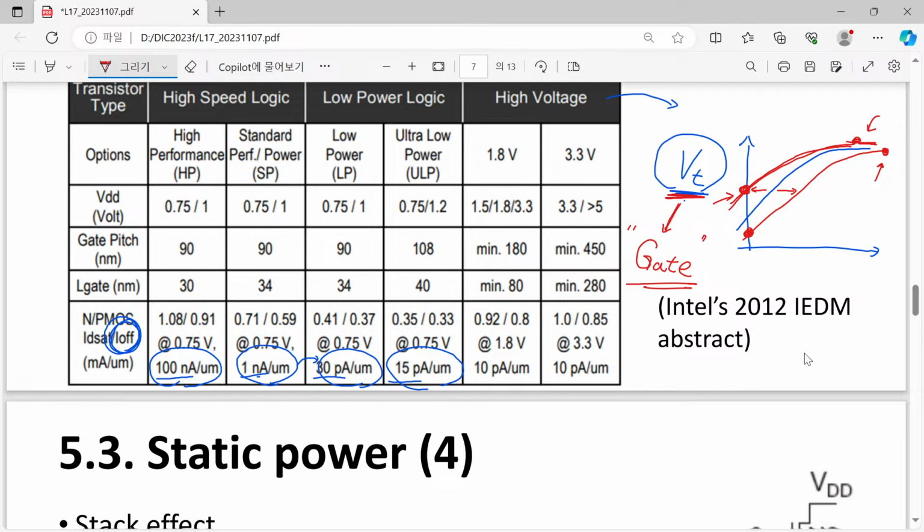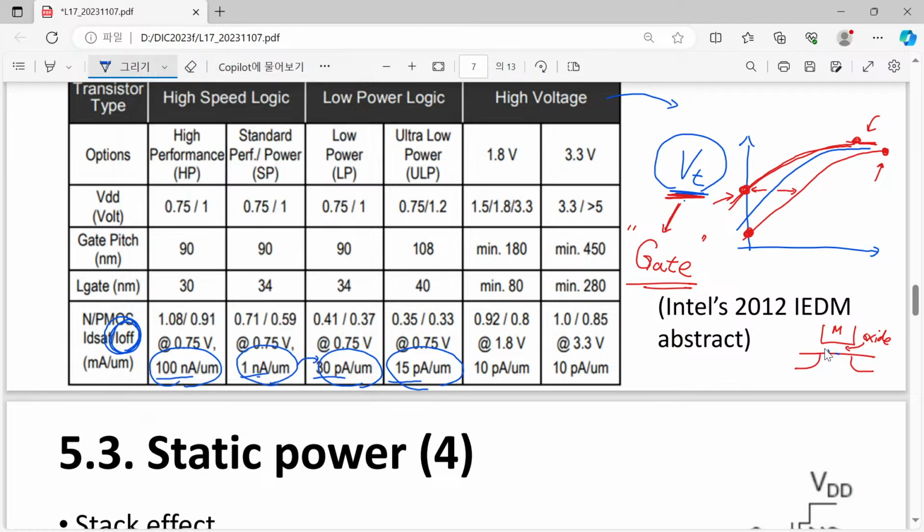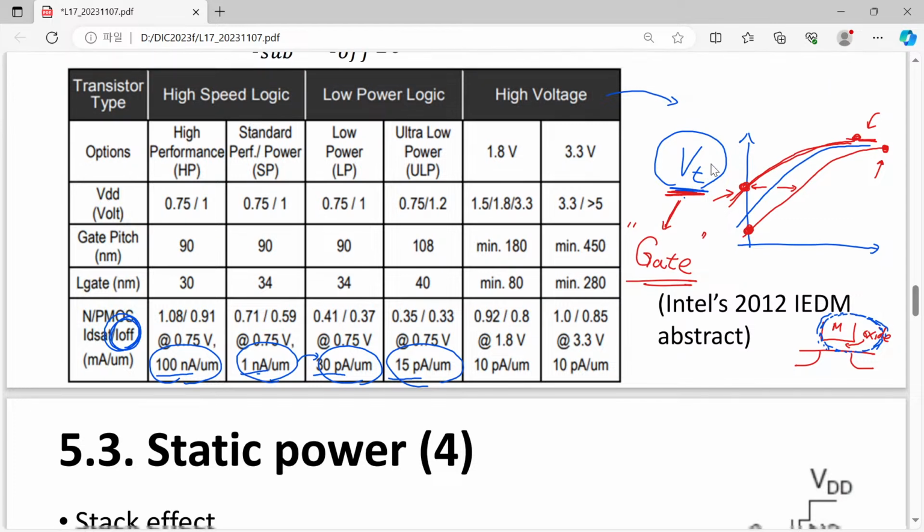Everybody understands a transistor has some kind of stack. Here we have a metal and here we have a dielectric layer, usually called the oxide layer. They do something in this part. By changing the fabrication procedure, they can control the threshold. That is well known in the industry.